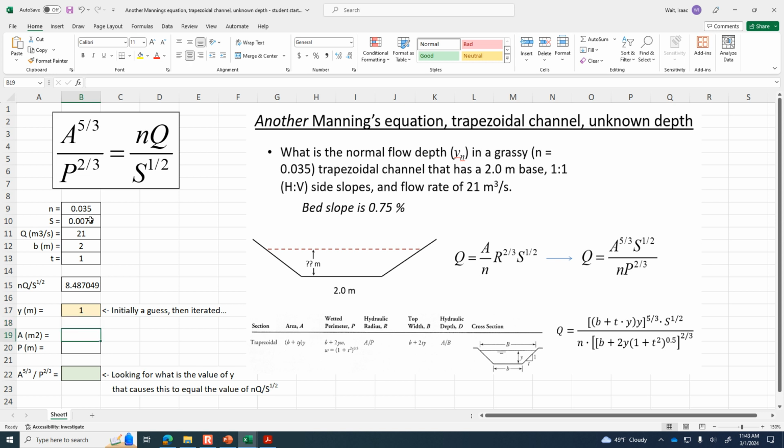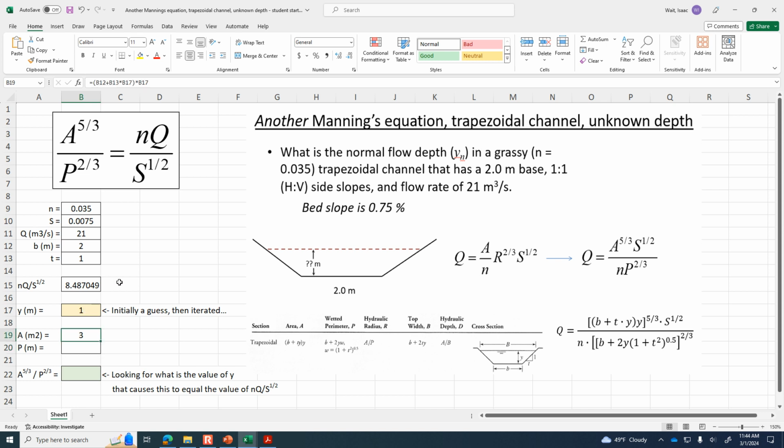Okay, so if the depth is 1, then what is the area? For a trapezoidal channel, area is B plus T times Y, times Y. Okay, B plus TY times Y. And we don't need to anchor anything because I'm not going to be dragging this formula down.